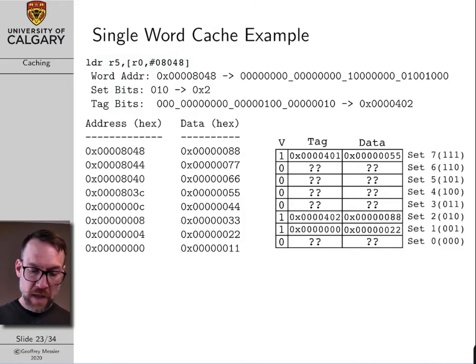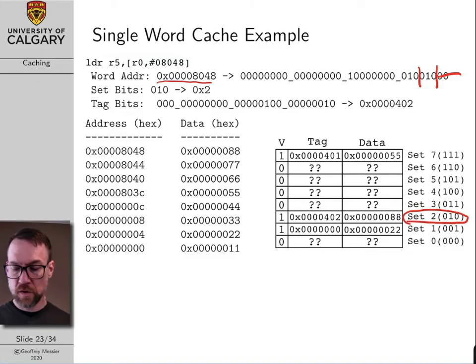The next address that we load in is 8048. If we specify the binary version of this address, getting rid of our bottom 2 bits, our set bits are equal to 2. That means we're going to check set 2.